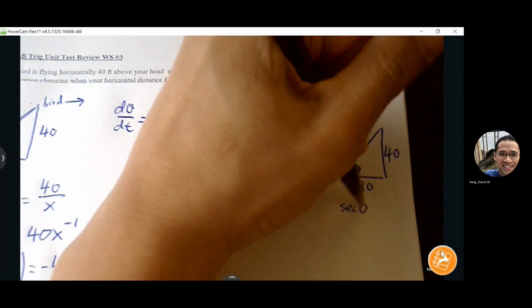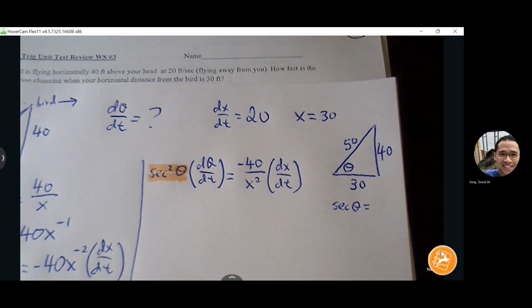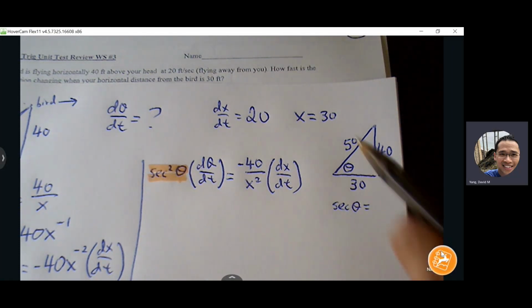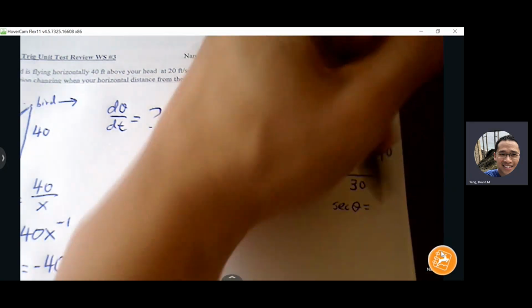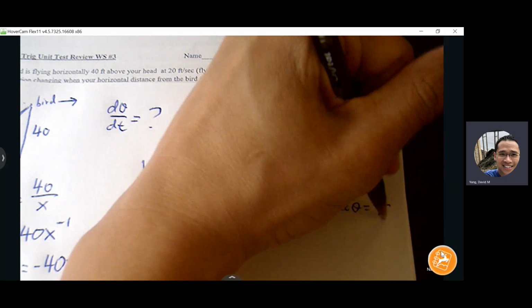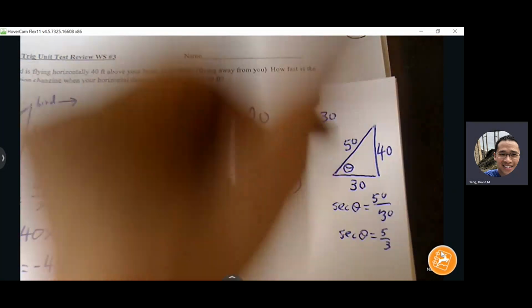Secant of theta. What's the ratio for secant? It's the reciprocal of cosine. Cosine is adjacent over hypotenuse, so secant is hypotenuse over adjacent. So 50 over 30, which I can reduce to 5/3. We have everything that we need.